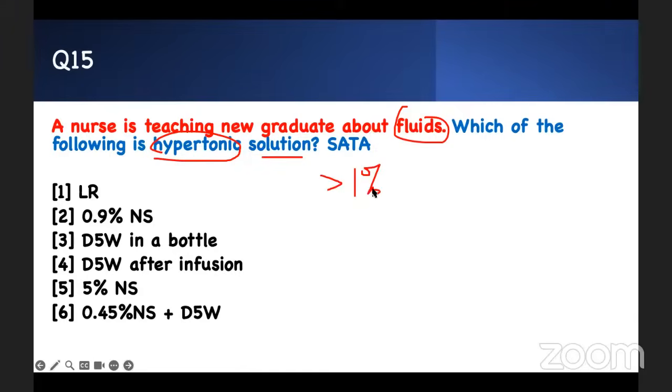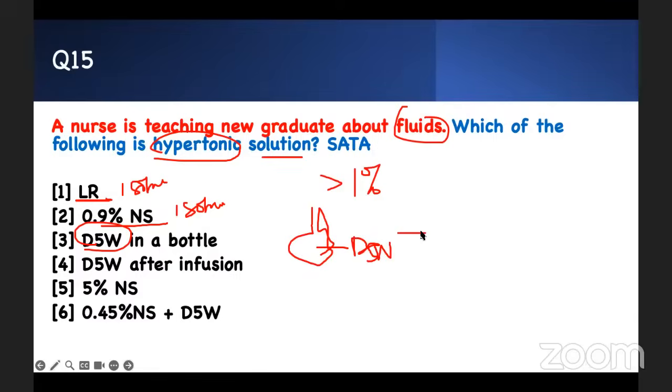Lactated Ringer's is isotonic fluid. 0.9 normal saline, isotonic. D5W, I need to explain this. If this is a bottle and you have D5W, that means dextrose in water. If it's sitting there, it's hypertonic.